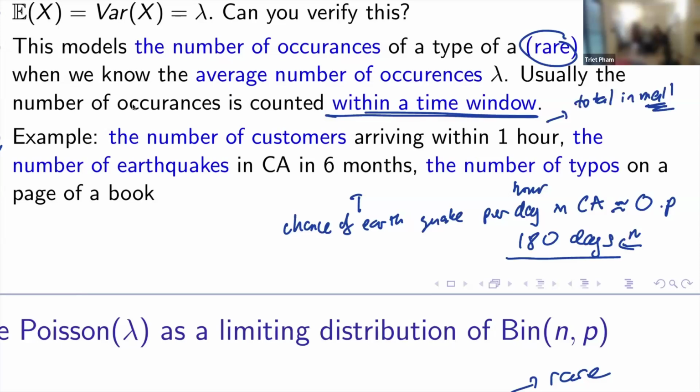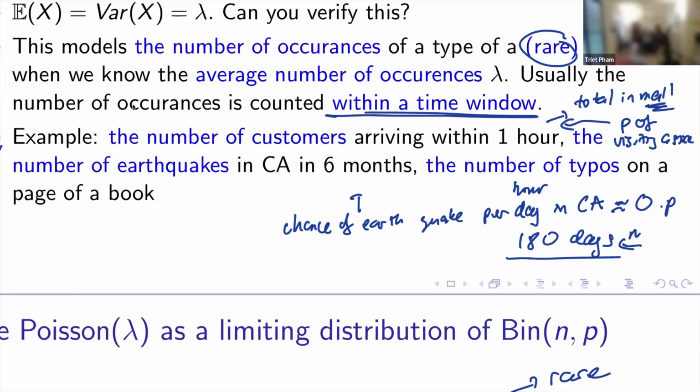And then each of them has a very small chance to visit a store. Of course, it depends on your store, but individually, each of them at the mall probably has a very small chance of visiting the store. So when you sum over all these customers, you have the total number of people visiting your store. So it can be approximated as a Poisson, as a binomial with n large, p small.